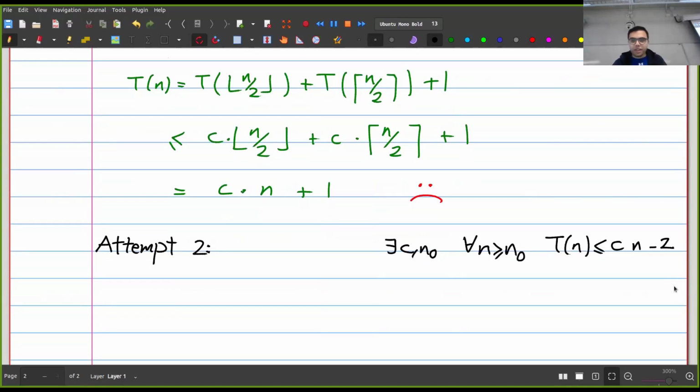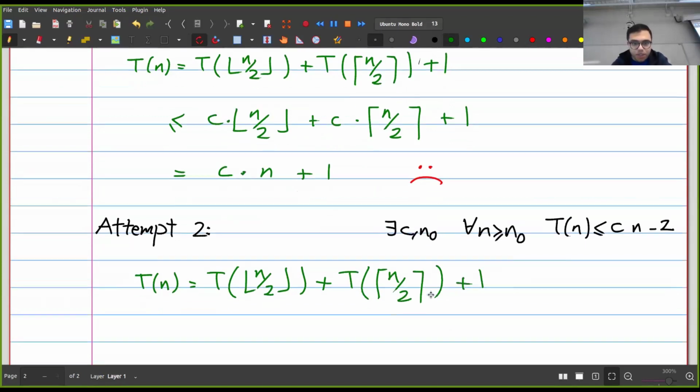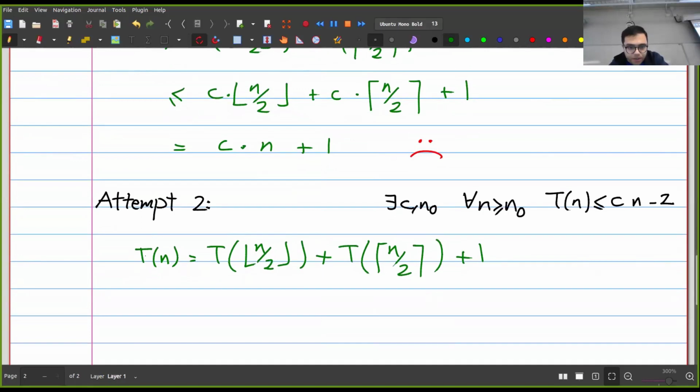So let's write the exact same thing as before. For my induction, I say that T of n is, again, T of the floor of n over 2 plus T of the ceiling of n over 2 plus 1. But now in the next line, when I want to apply the induction hypothesis, I don't just have C times n over 2. I have C times n over 2 minus 2.